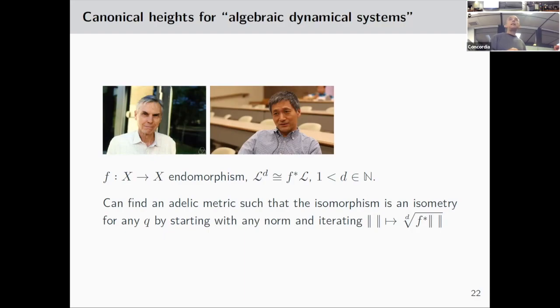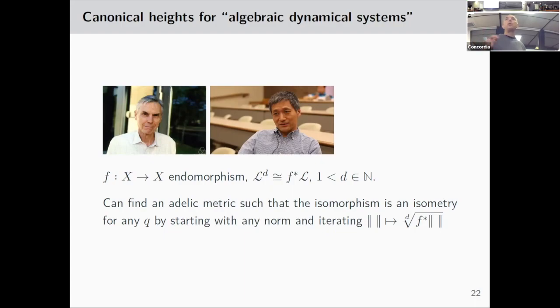And let's say that your line bundle L has the property that its dth power is isomorphic to its pullback by f. And then you can find a metric where this isomorphism is actually an isometry, so it respects the norm. And the way that you do this is simply: you start with any norm, you pull back by f, and then you take the root.